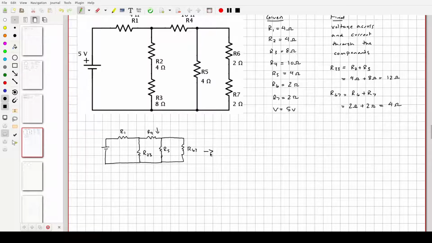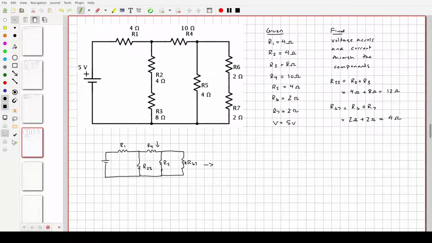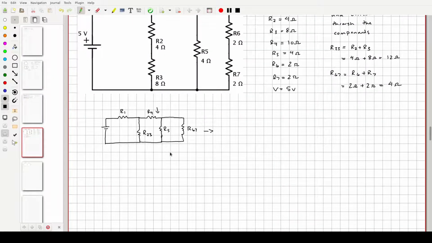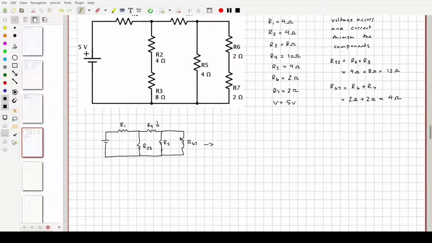The next thing we're going to do is to take R67 and R5 and add those two together, but we're going to do it in parallel. Okay, so our reduction in complexity is going to look like this.